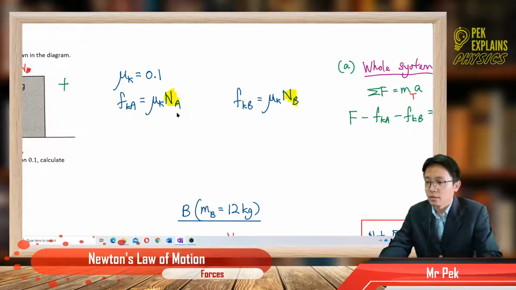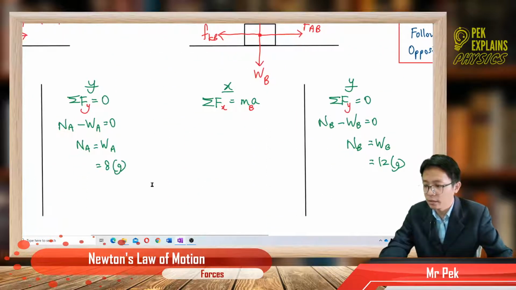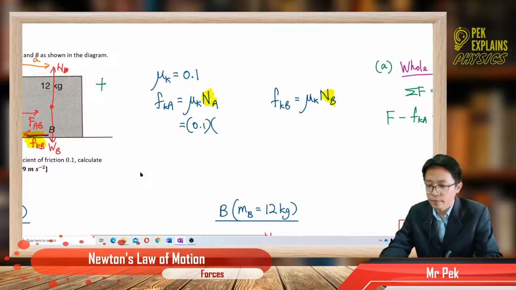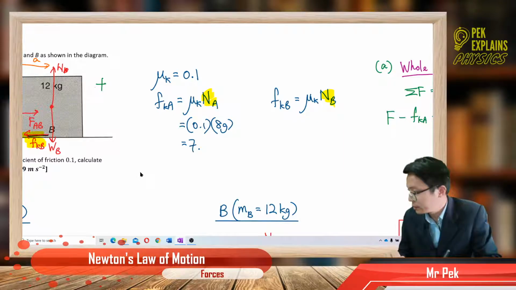Okay, so let's find it. FKA, the friction for A, is 0.1 times the normal force for A, which is 8G. Let's calculate and we will get 7.848 Newton.